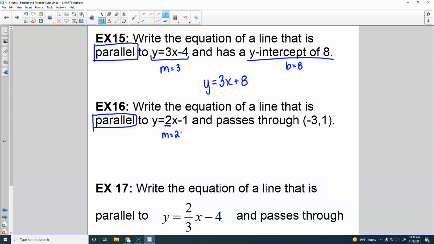And this time I don't know the y-intercept because it doesn't tell it to me, so I've got to figure out what it is. So we're going to do 1 equals 2 times, there won't be an x because we're replacing the x with the negative 3, plus b. So what we did there, in case that was a step I should not have skipped for you, is we know y equals 2x plus b because we know the slope. So, you told me that correctly, and I wrote it backwards.